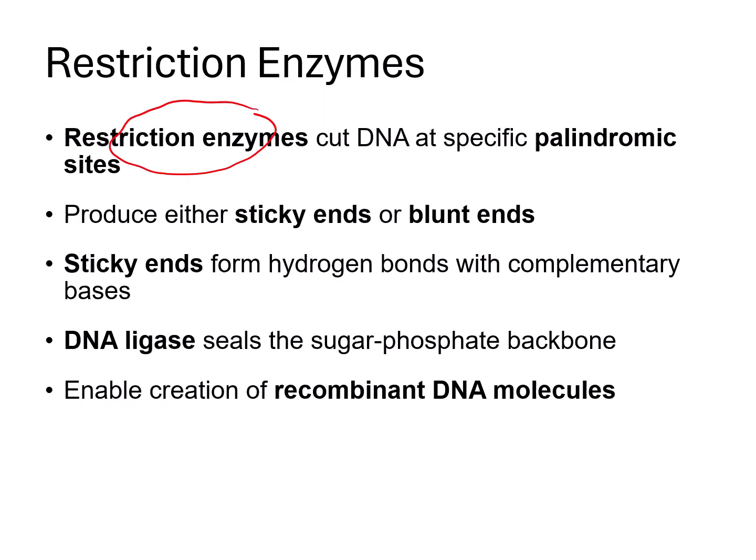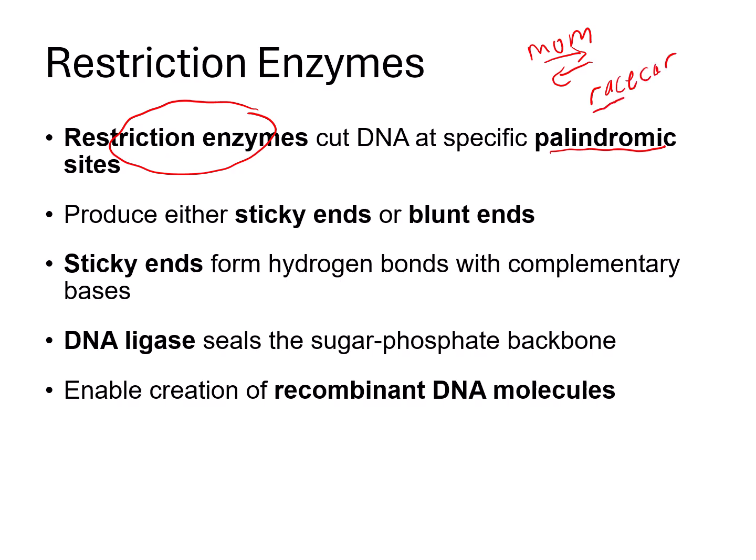Restriction enzymes are the molecular scissors that make cloning possible. They cut DNA at specific palindromic sequences. Remember, palindromes, when we're looking at words, are the same word forwards and backwards. Mom, for example, is the same if you go this way or that way. Another common example is race car.